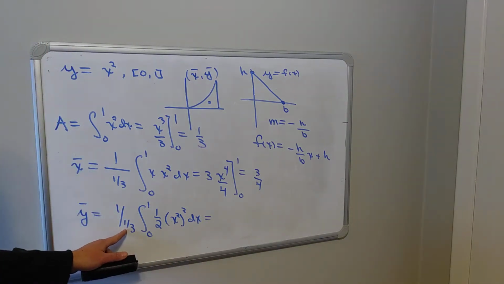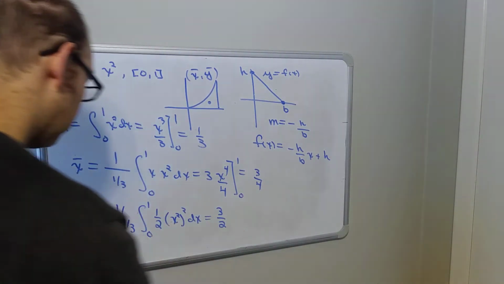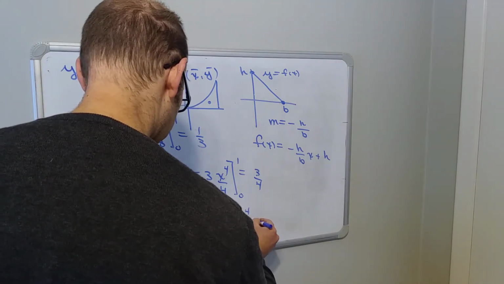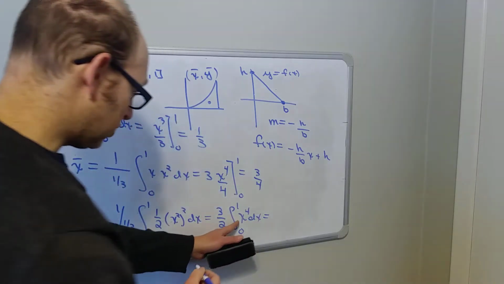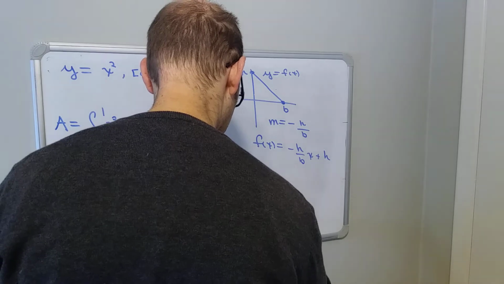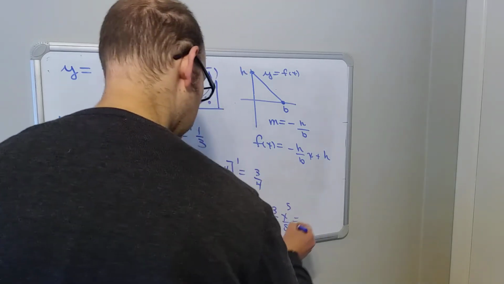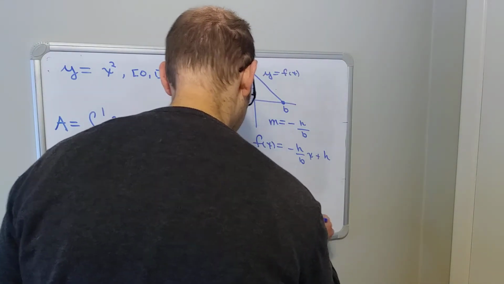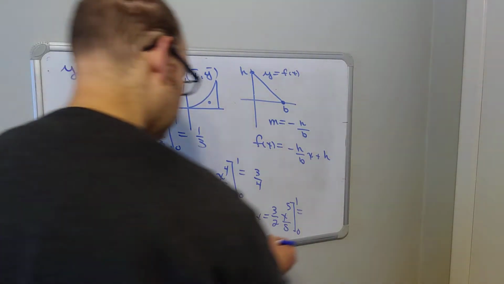That becomes a 3 over 2 times the integral of x to the 4th dx from 0 to 1. So that goes to x to the 5th over 5. So it's 3/2 times x to the 5th over 5, evaluated from 0 to 1 again, is equal to 3/10.